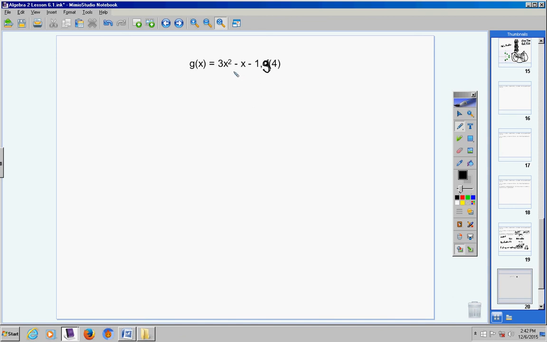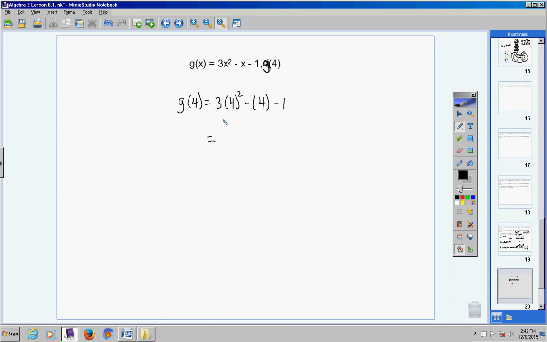That means I'm going to substitute 4 in for x. So G of 4. That means I'm putting 4 in for x. That means I'm evaluating the function at 4. G of 4 equals 3 parentheses. Here's your x. 4, and then squared, then a negative sign, then x. I'm going to put 4, and then -1.